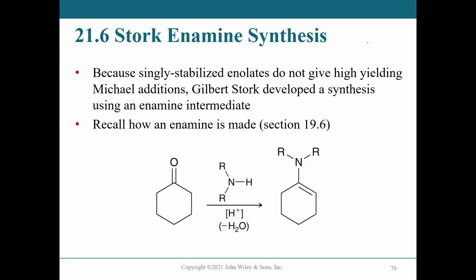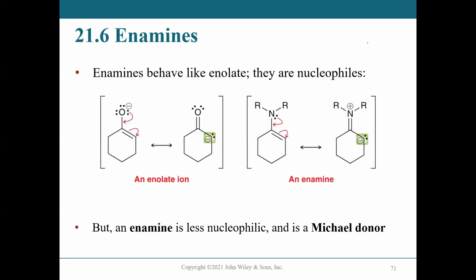And they go into this Stork enamine synthesis. It says because singly stabilized enolates do not give high yielding Michael additions, Gilbert and Stork developed a synthesis using an enamine intermediate. It says recall how an enamine is made, where you have a Michael donor. So they show you the enolate ion, but an enamine is less nucleophilic and is a Michael donor.